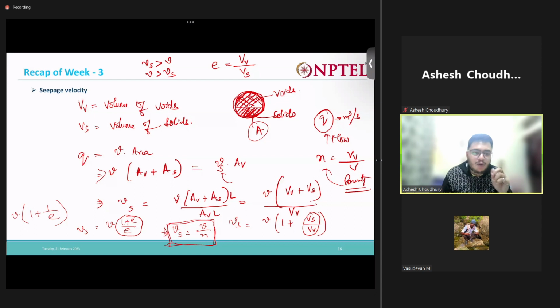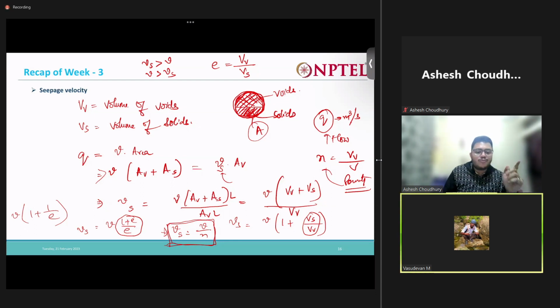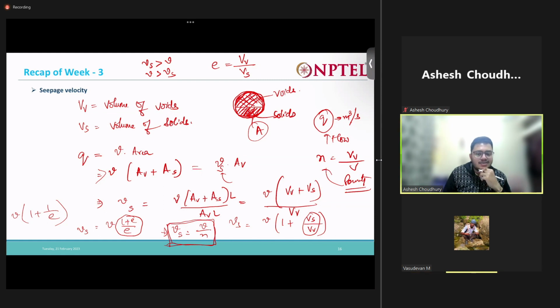See, what is the value of porosity? The value of porosity will always be 1 or less than 1. Generally, it will be less than 1. If there are voids, then porosity will be less than 1. Yes or no?